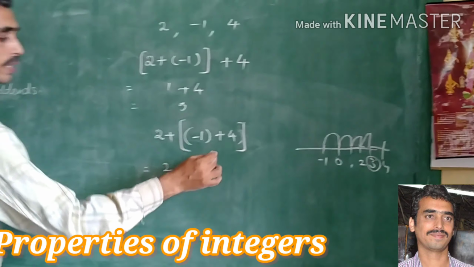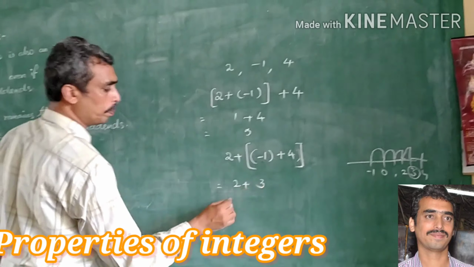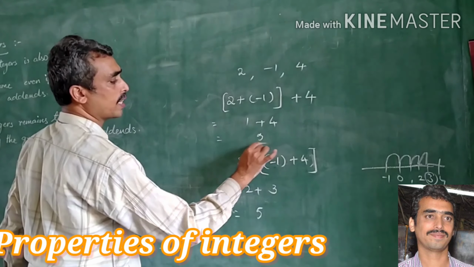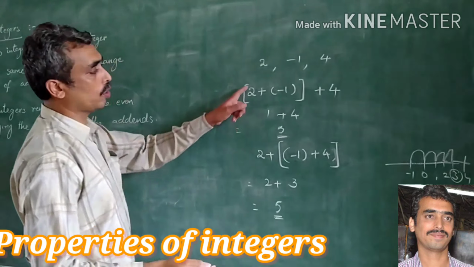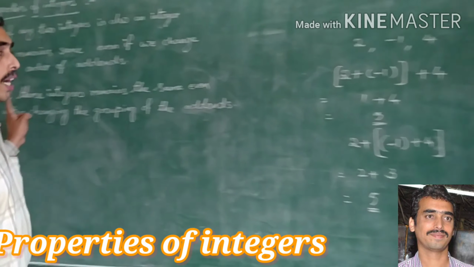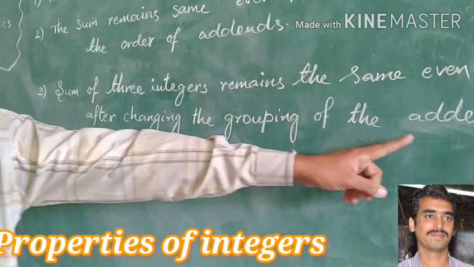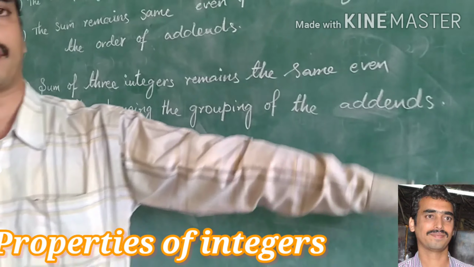So 2 plus 3 is equal to again 5. Here the answer is 5, here also 5. So even if you change the grouping of three addends, the answer remains the same.